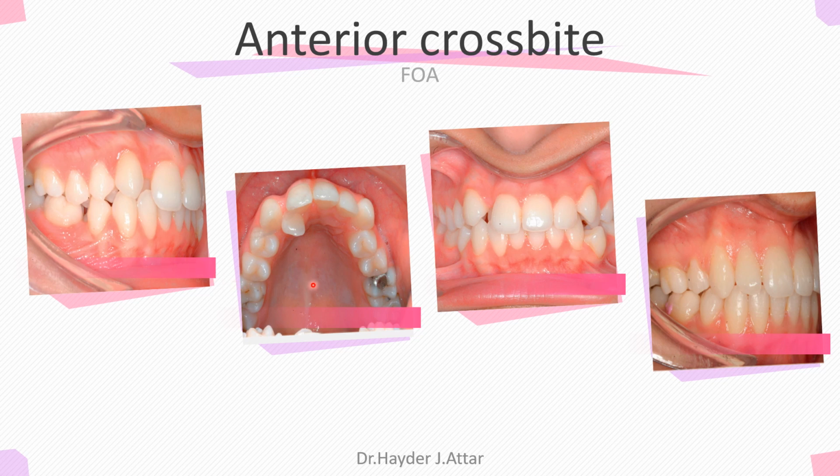Sometimes the extraction of the completely blocked out lateral incisor is an option for the treatment of anterior crossbite when the lateral crossbite does not affect the occlusion or the function or the aesthetics of the patient.